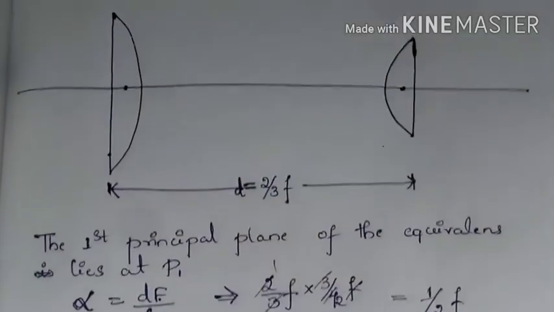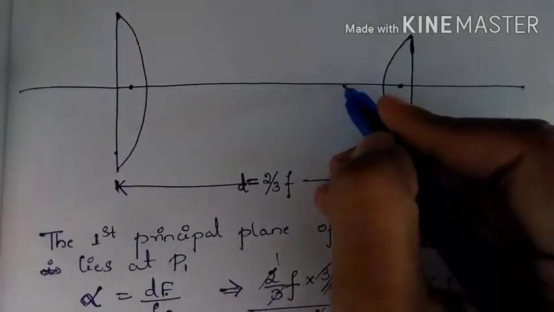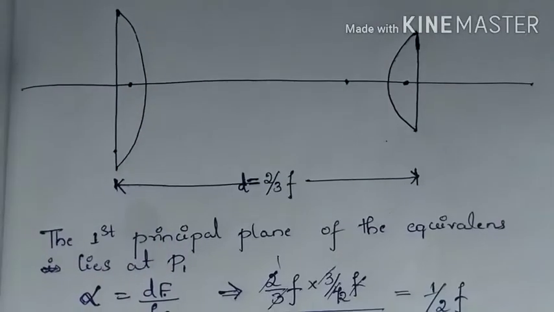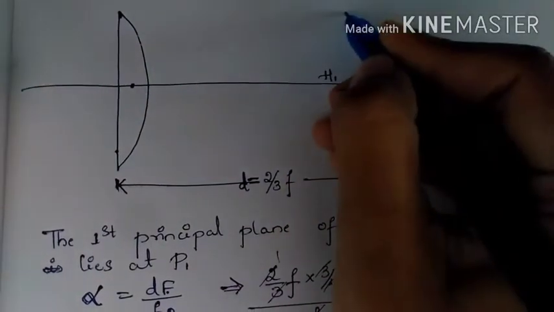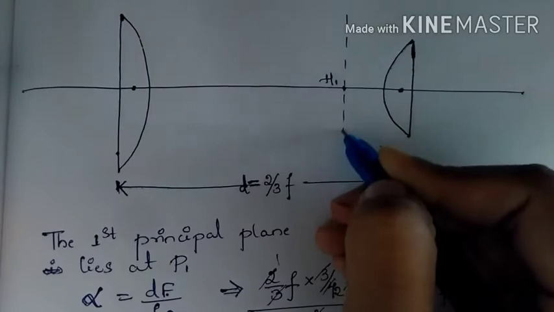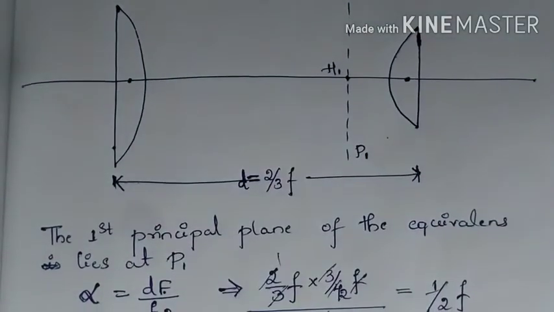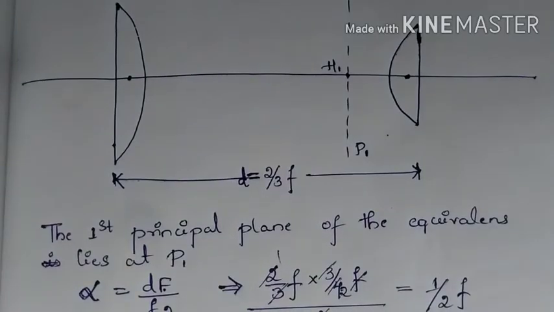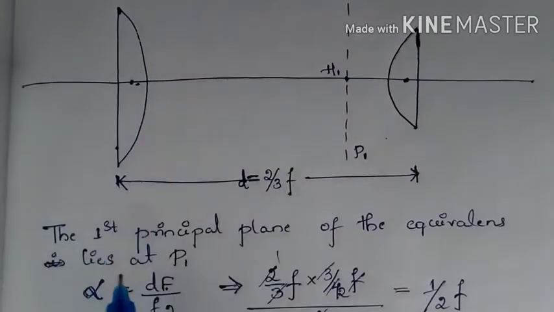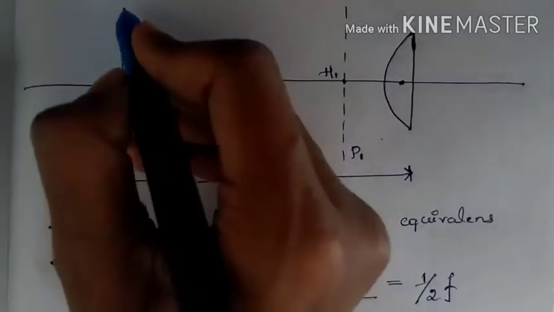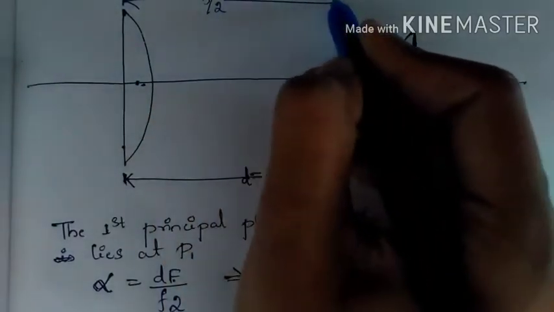So let this point be H1. So this is first principal plane P1. This is at a distance 1/2 f from the field lens. So from here to here it is 1/2 f.